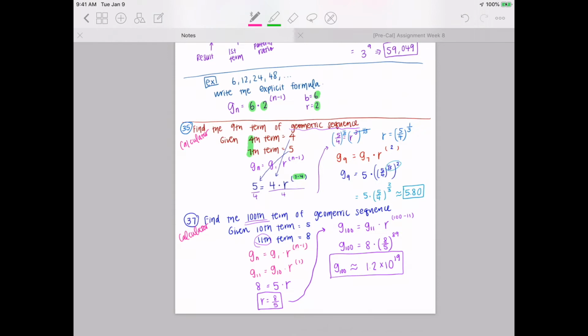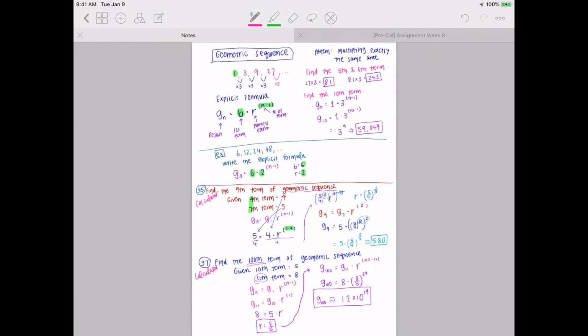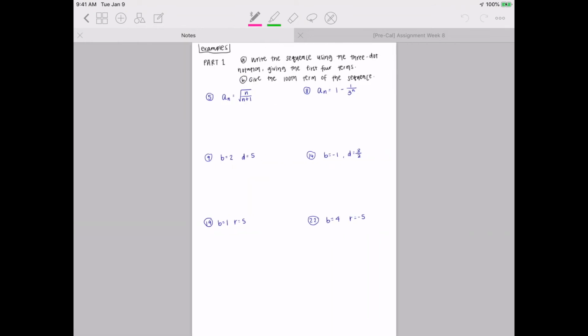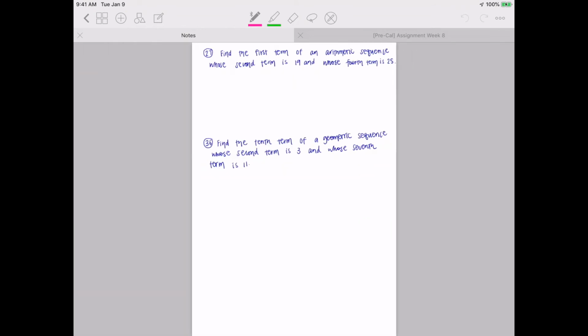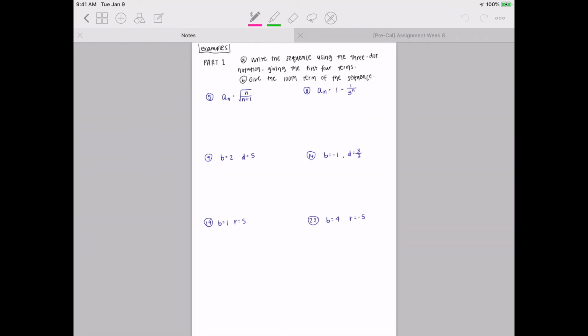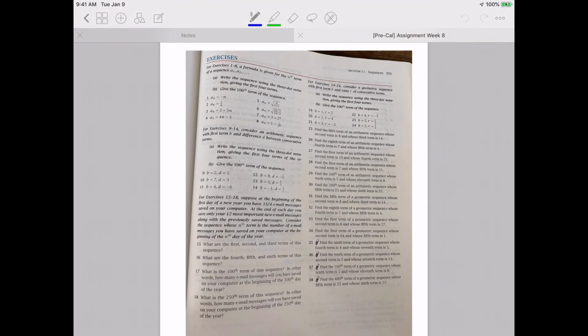Okie dokie. So I'm going to go ahead and do some of your homework questions for you, so hopefully you can get the hang of it. I'm going to be doing these 6 and these 2 as well. Let me show you your homework real quick. This is the homework page. The left side is Monday's homework. The right side is Tuesday's homework.